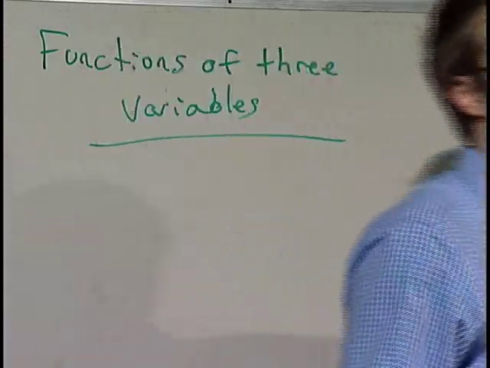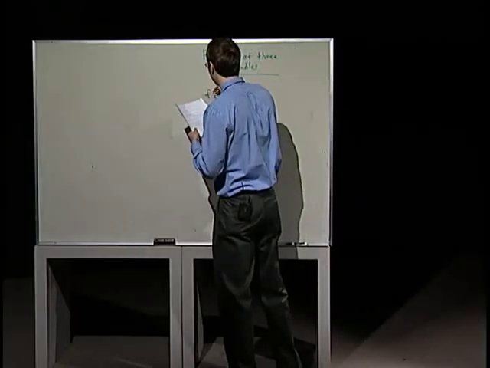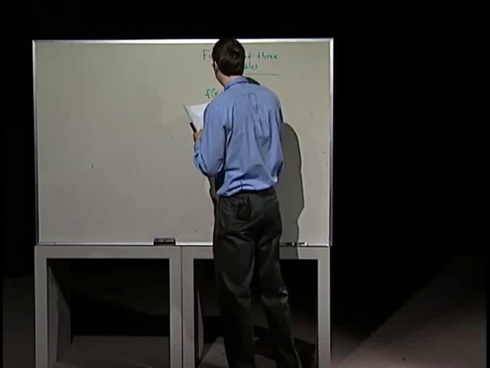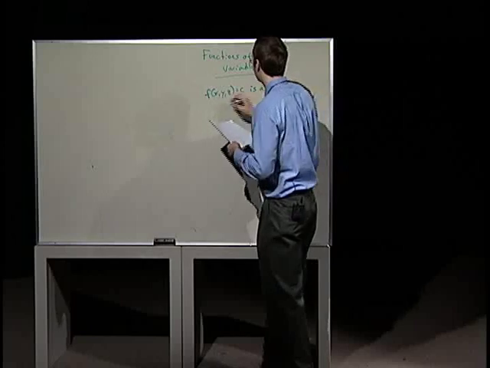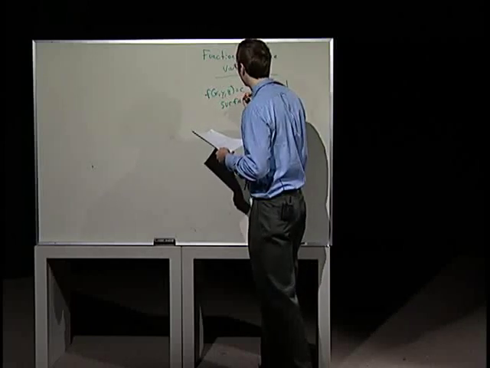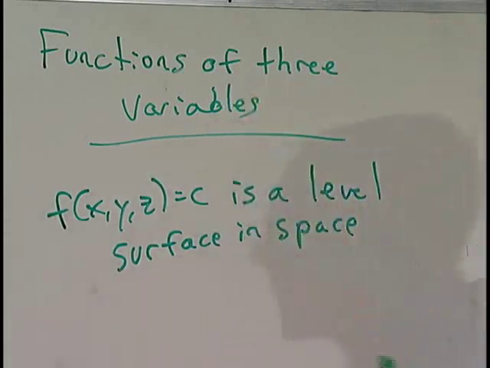Now we have level surfaces lying in xyz space. Okay, so f of x y z equals c is a level surface in space, right? Because now, when I have three variables, I'm graphing in 4D, which doesn't work so well on the whiteboard. That's for sure.